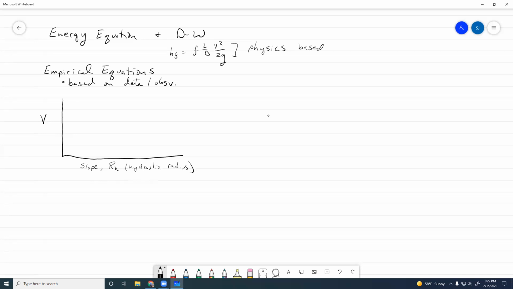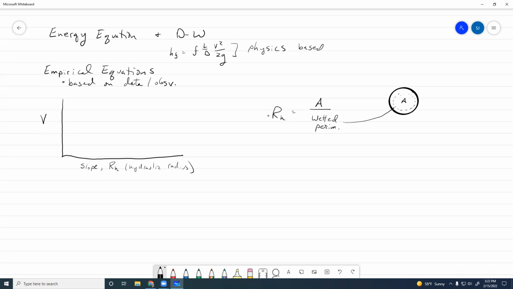This is an aspect of the pipe. This is equal to the area of the pipe over the wetted perimeter. We'll define this a little more when we talk about the Manning's equation. The wetted perimeter is just the perimeter that's touching the water. And of course, the area is the cross-sectional area.